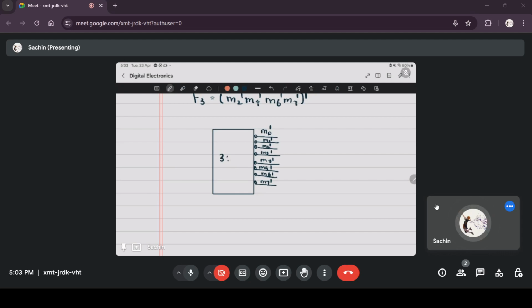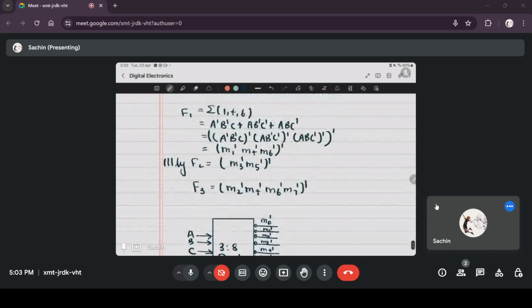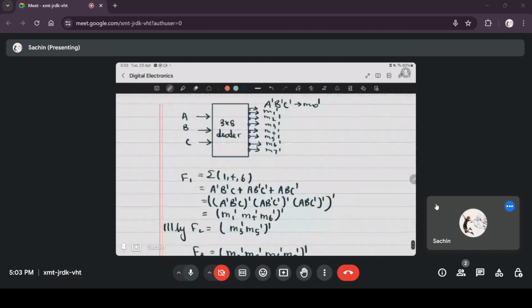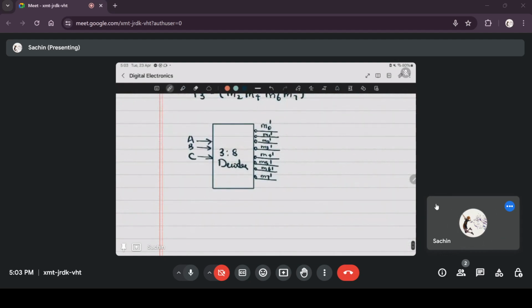This is a 3 to 8 decoder with the inputs ABC. To get F1 you have to NAND the complement outputs 1, 4 and 6. So take 1, 4, 6, NAND them and you will get F1.